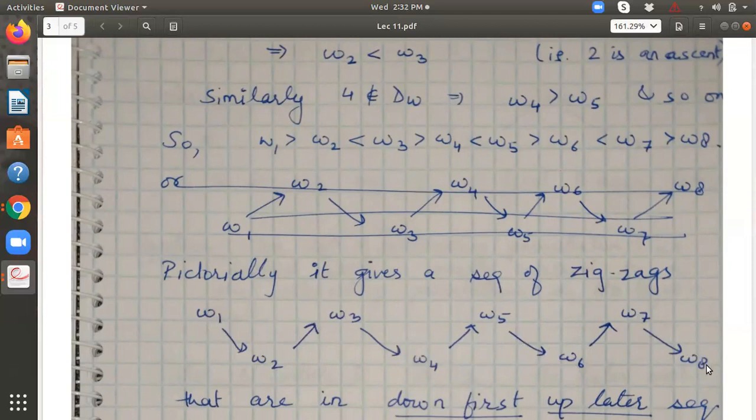Another way of saying this zigzag is that it's a sequence of downs and ups, the arrows down and up, with down coming first and up coming later.